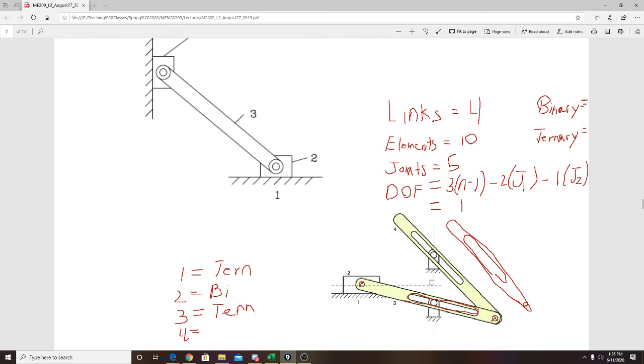So this one is basically the exact same as 3, only there is nothing connecting at the top, which means that we lose one element. Therefore, this is a binary link. So that means there are 2 binary and 2 ternary links for this question.